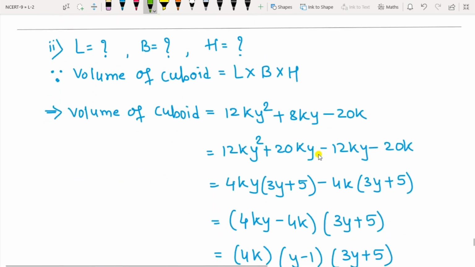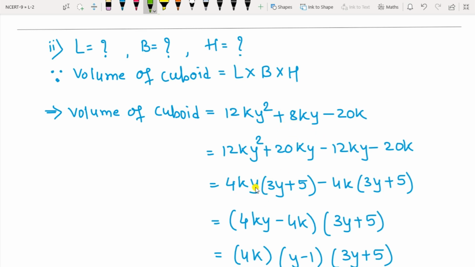Similarly for the second question, the volume of the cuboid has been given as 12ky square plus 8ky minus 20k. So 12 into 20 is 240, split 240 to get 8. 20 12s are 240, and plus 20 and minus 12 to get plus 8 here.